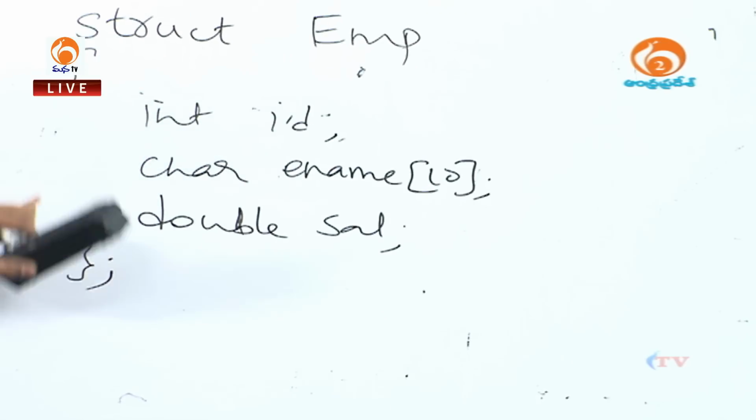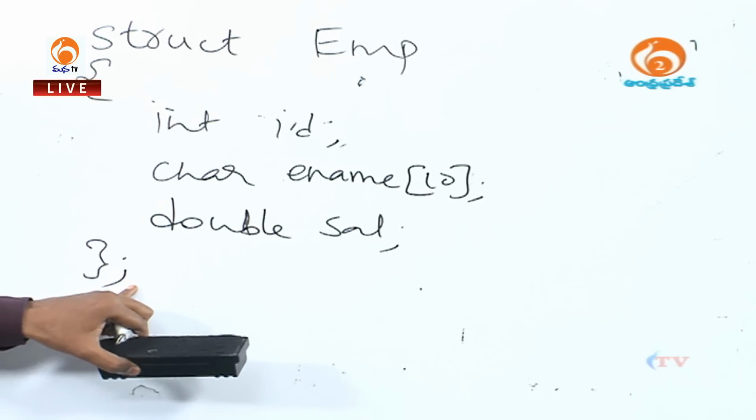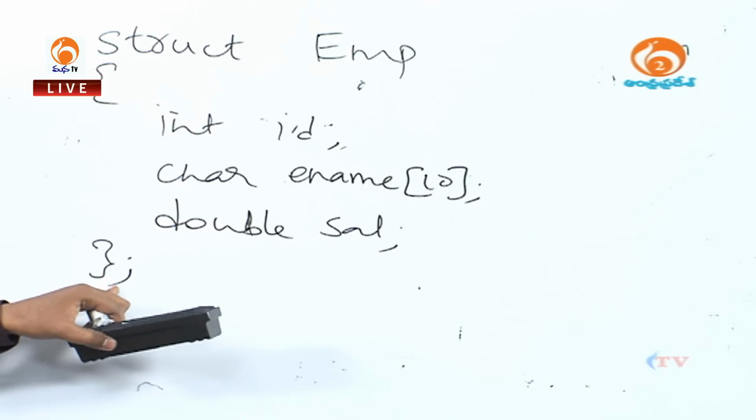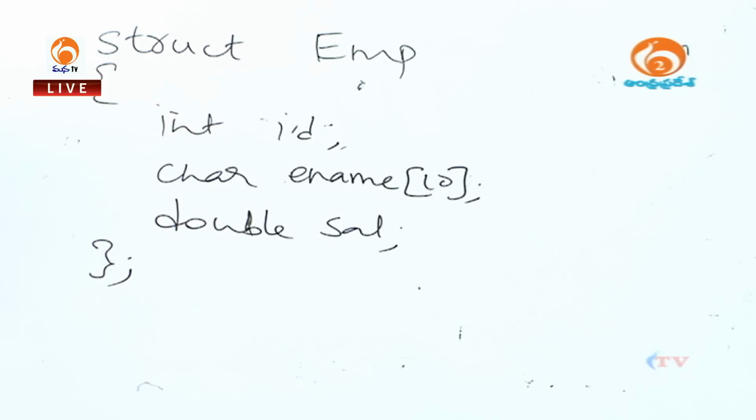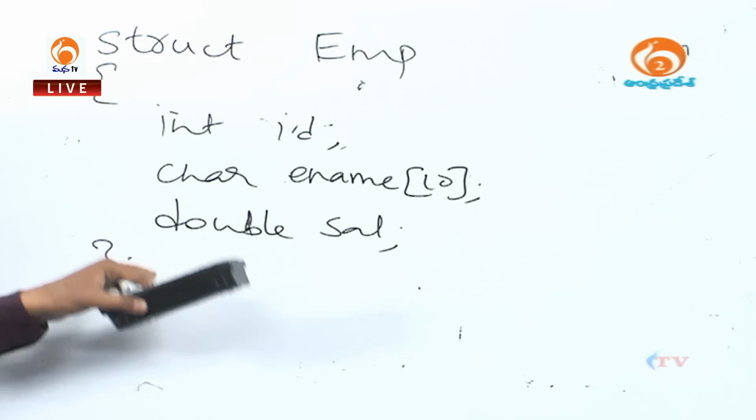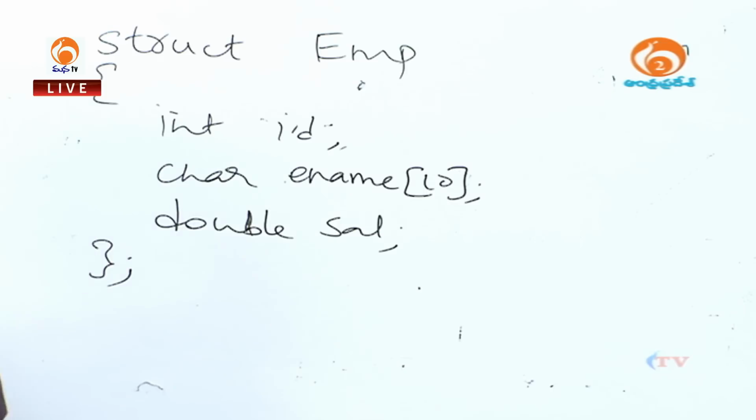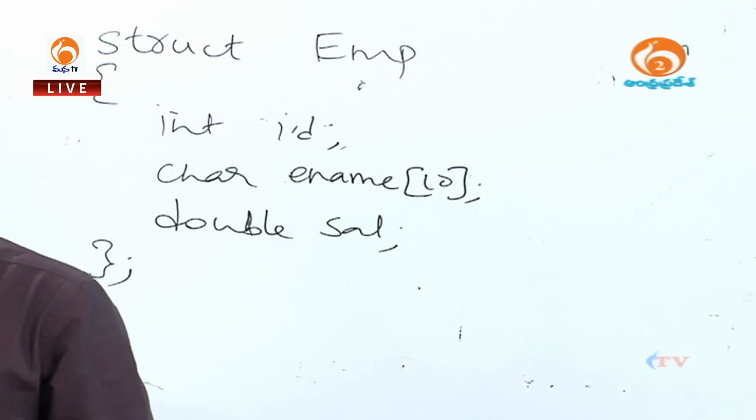Then semicolon, after the opening and closing braces, the semicolon must be there. This indicates the end of the structure. This is the example for the employee structure. Structure is a derived data type.